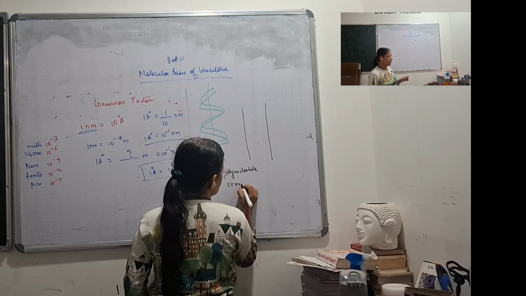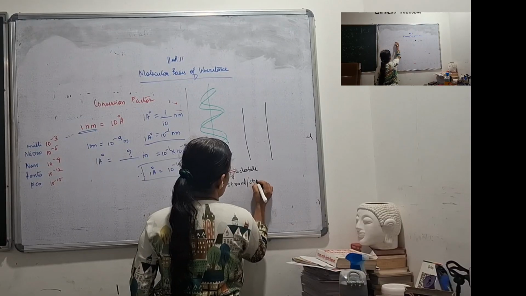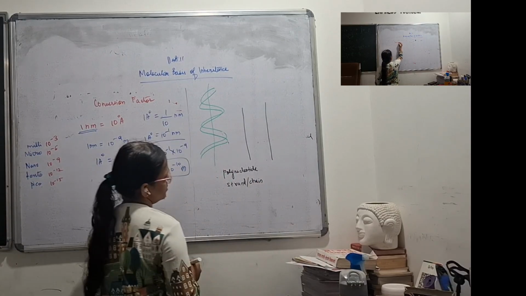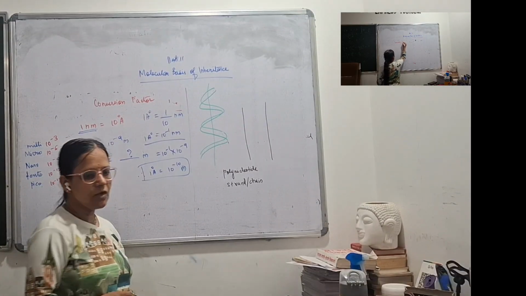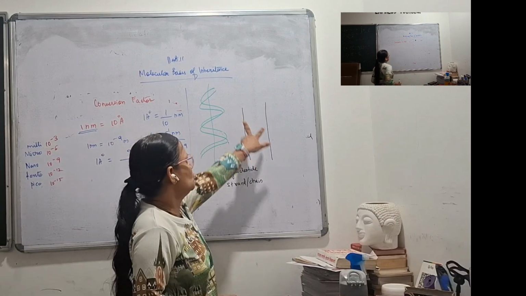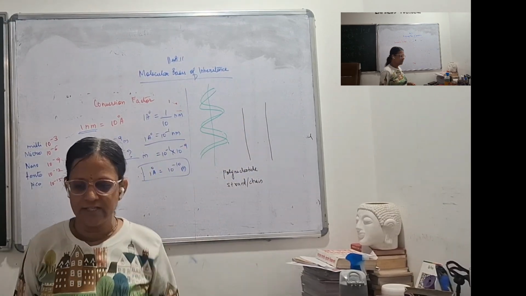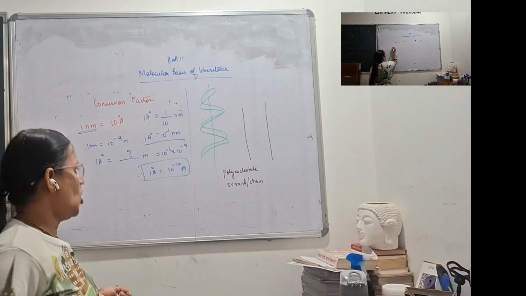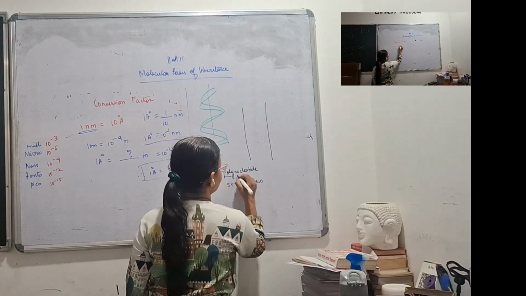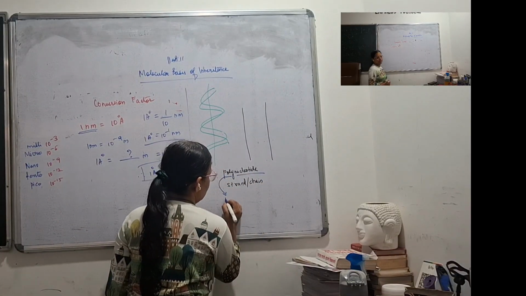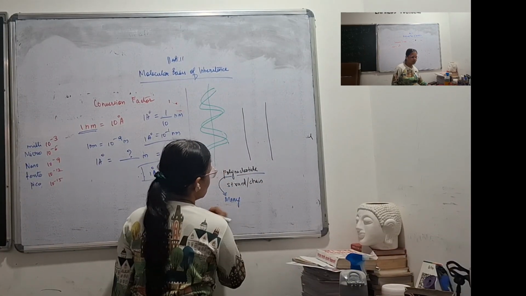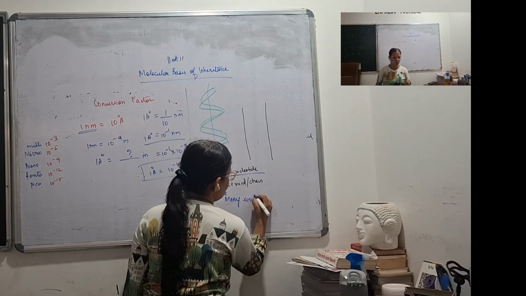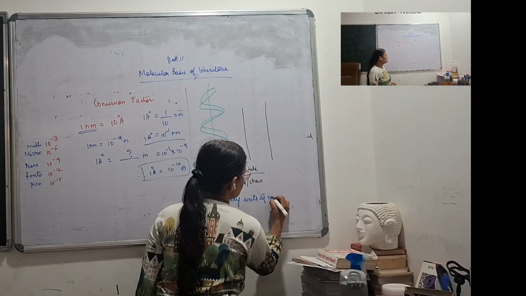You can call it as strand, you can call it as chain, okay? Right? Now, these are two polynucleotide strands. When I say polynucleotide, meaning what? Poly means many. And it has got many units of nucleotides.